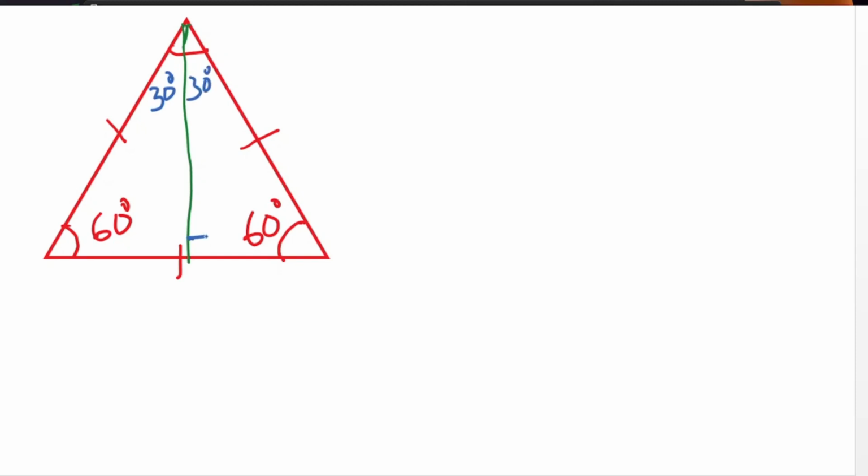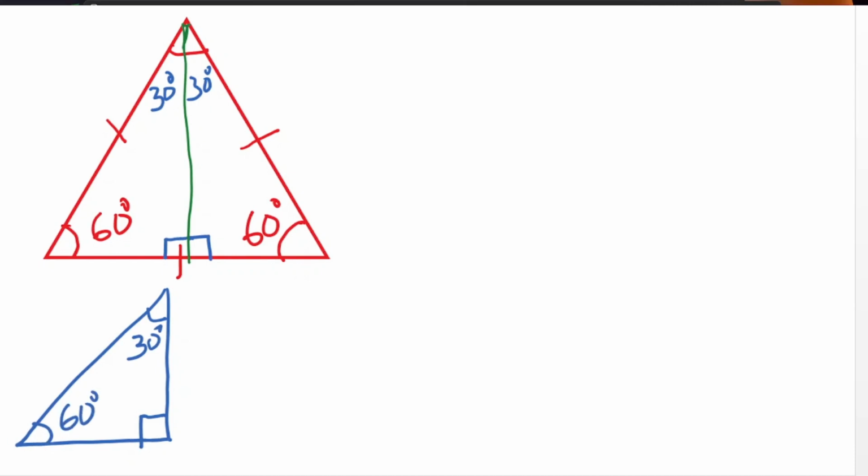And this is the right angle here. This is also another right angle here. So I'm only bringing out this. This is 30 degrees. And this is what? 60 degrees. So now that is that.